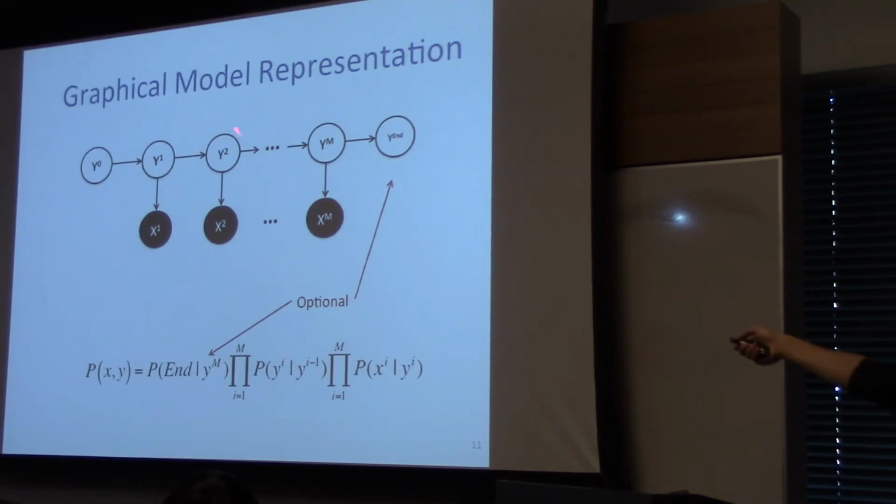So the distribution of this part of speech tag variable only depends on whatever this one is. It's independent of everything else, expressed here. And then if you condition on this one, the probability distribution of this word is independent of everything else.